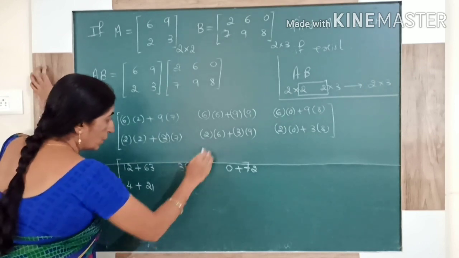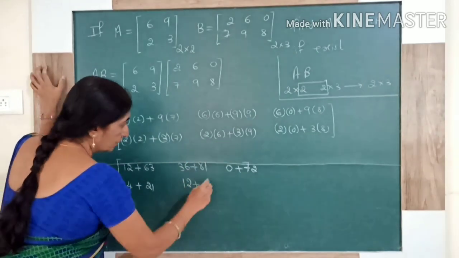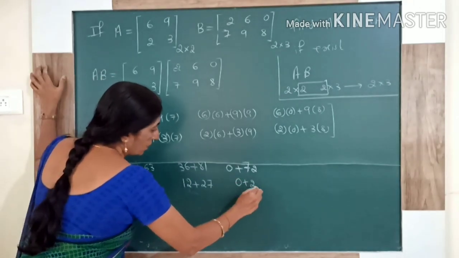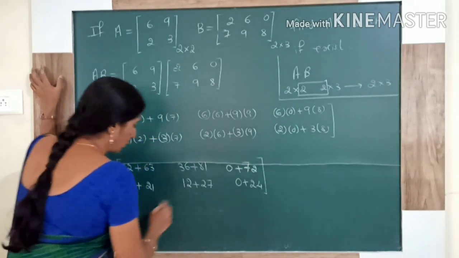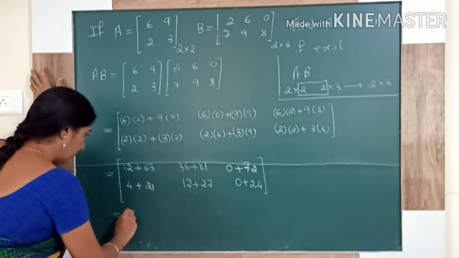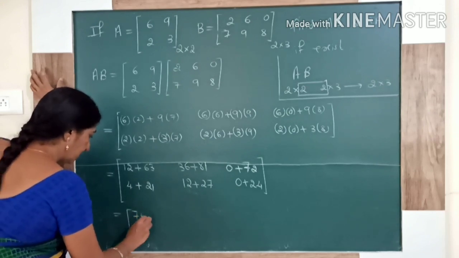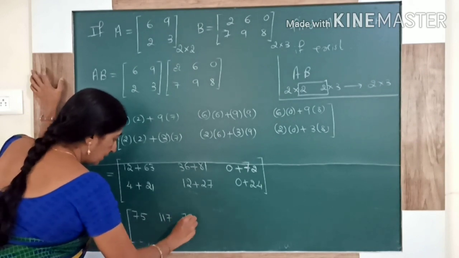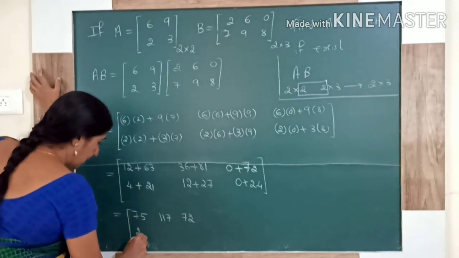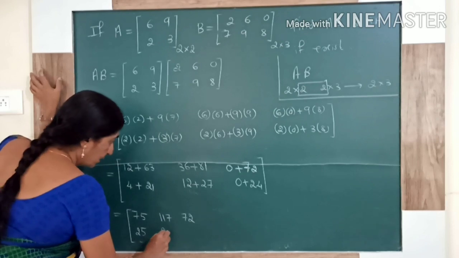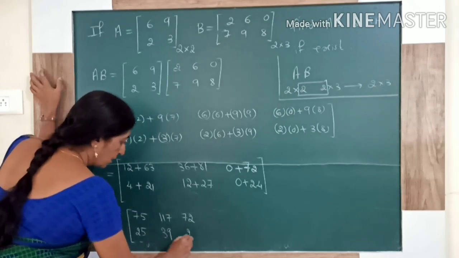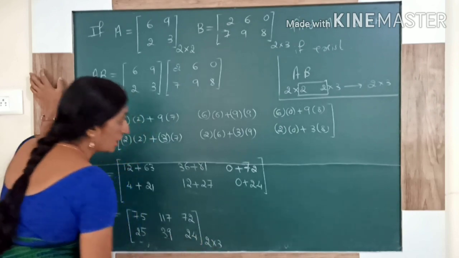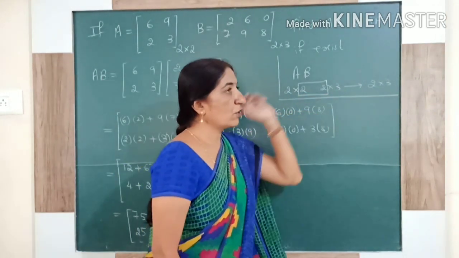Then 2 into 6 plus 27 is 0 plus 24. Simplify this. Add the terms. Then 72. This is 25. Then 39. Then it is 24. See the order? The order will be 2 by 3. See here, you got 2 by 3.